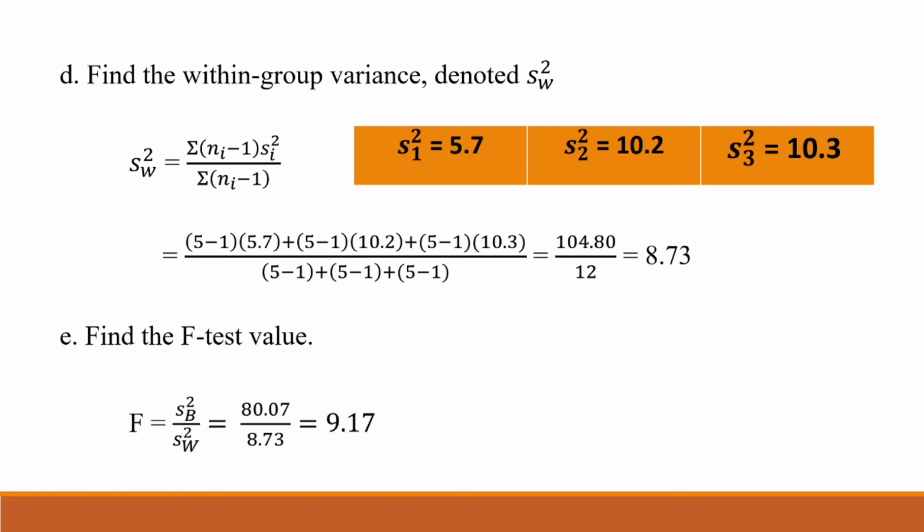Isa-substitute na lang natin yung mga value na nakuha natin sa between group variance at saka within group variance. So, doon sa between group variance is meron tayong 80.07 and sa within group variance naman is 8.73. So, 80.07 divided by 8.73 is equal to 9.17. So, yung F-test value natin is 9.17.